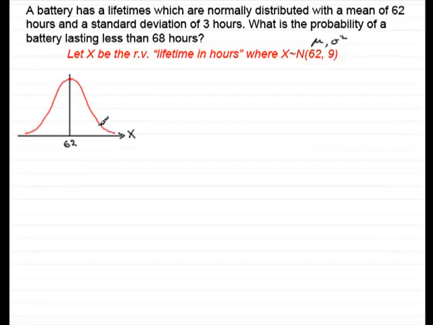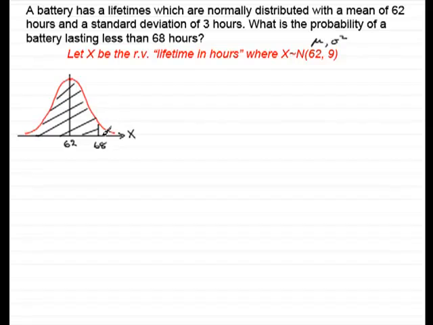So I'm going to mark it over here as 68. So I'm looking for the probability of being less than 68, which is represented by this area here. So just shade that in very quickly for you. Alright, so that's that area there.